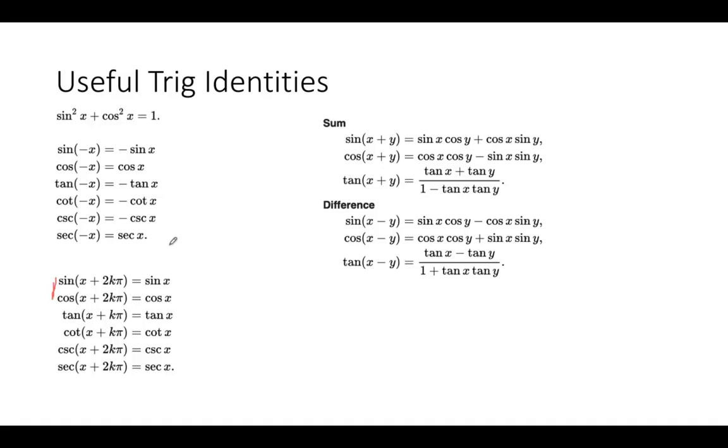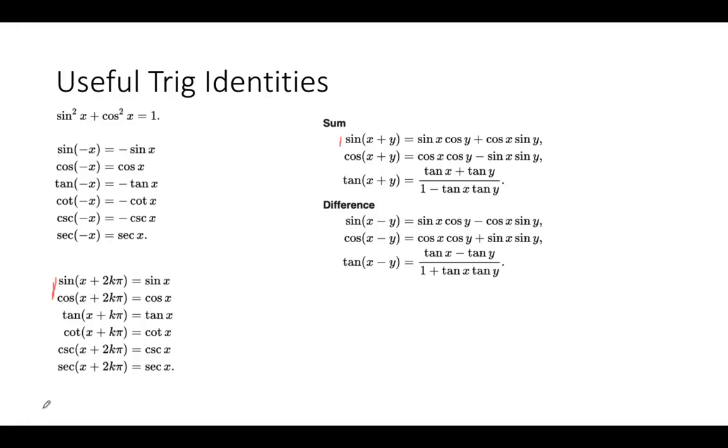So basically, if we add an even integer multiple of pi to sine or cosine, we're basically at the same angle. That's because 2 pi radians is 1 full circular revolution, and you could actually prove that if you wanted to. You could prove that using the sum rule, where you could let y be 2k pi, where k is an integer, and then you would find that you can prove these expressions. So that's that.